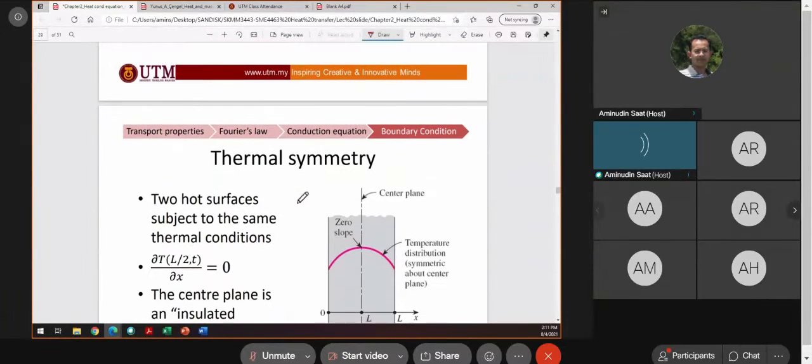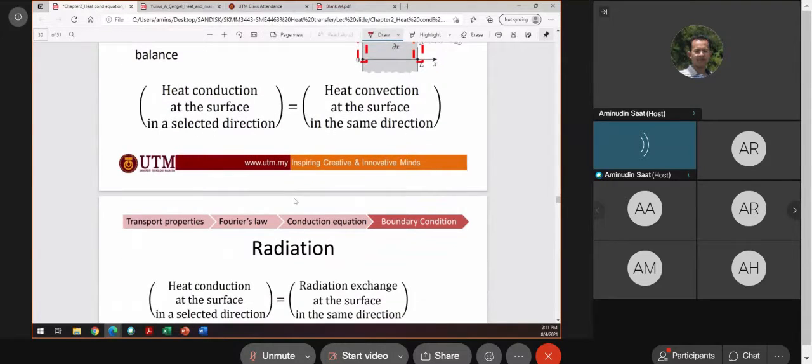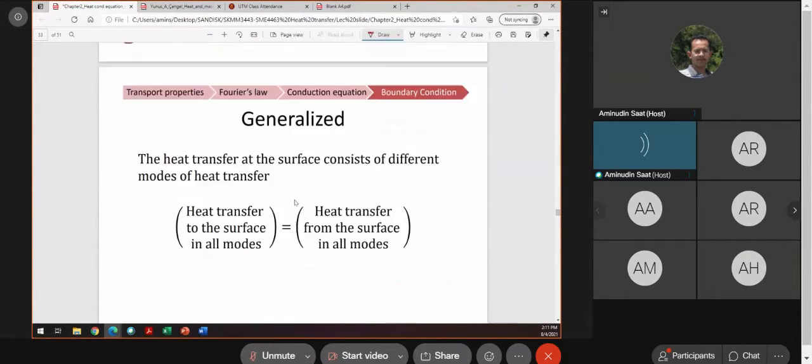I'm not going into detail on the boundary conditions. I'm assuming that you have read this. We will try to understand more in the example.